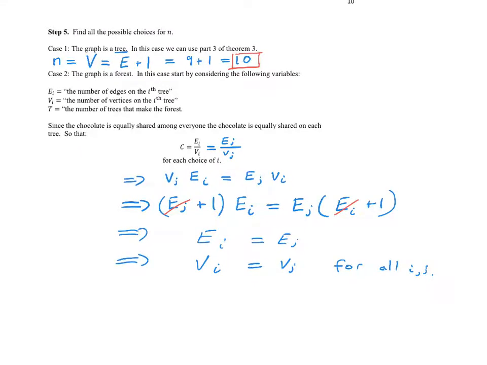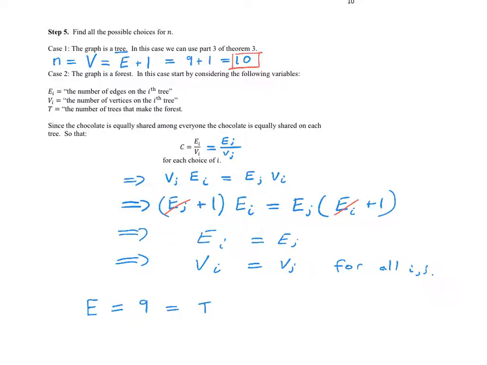Okay, so now that we know that every single tree has the same number of edges and the same number of vertices, let's try to come up with all the possible values of n. So we know that the number of edges is 9. And we know that our graph is a forest right now in case 2, so it's been split up amongst a number of trees. So 9 has been divided up among these particular trees.